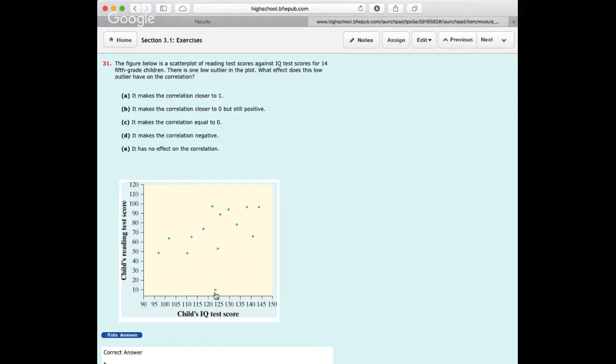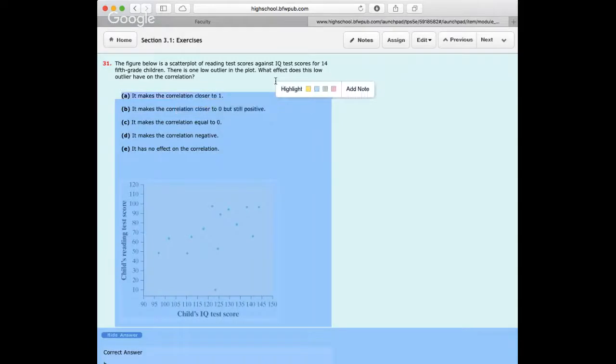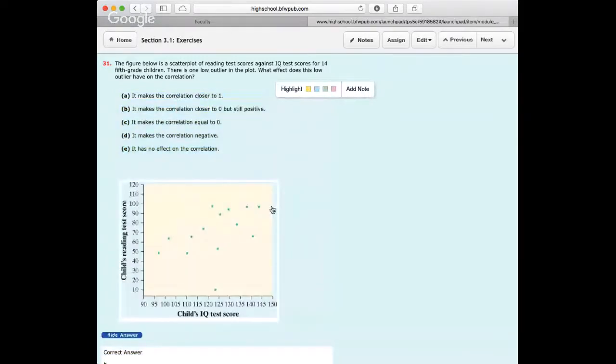Well, this outlier does not make it go closer to 1 because it's spread out, right? Now, if this dot is right here and it was more in the middle, that would be true. It would get closer to 1 because it would follow the natural pattern of this scatter plot. So now B says it makes the correlation closer to 0, but still positive.